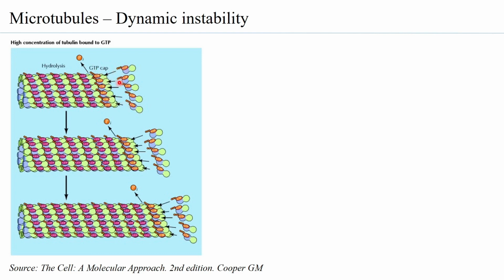On binding, you can see how immediately GTP gets converted to GDP and the Pi is released. Then the next set comes, and that is how the polymerization happens, extending the length of the microtubule. So what is this? This is basically a polymerizing microtubule. That is, the microtubule is growing.